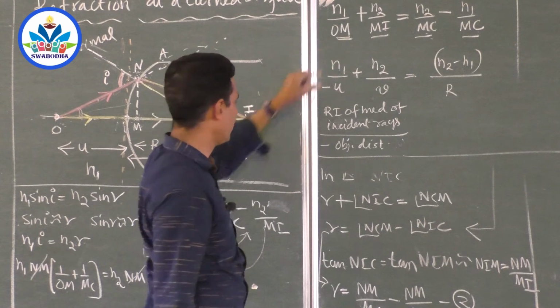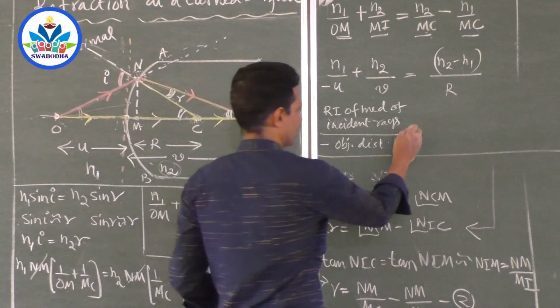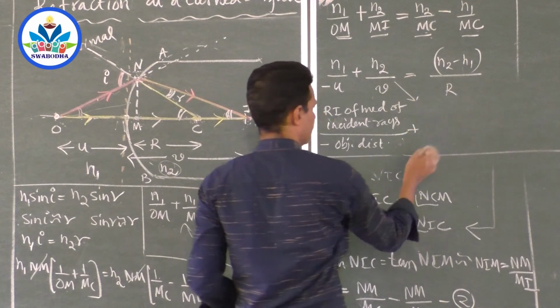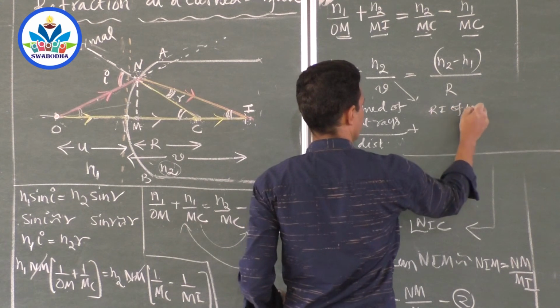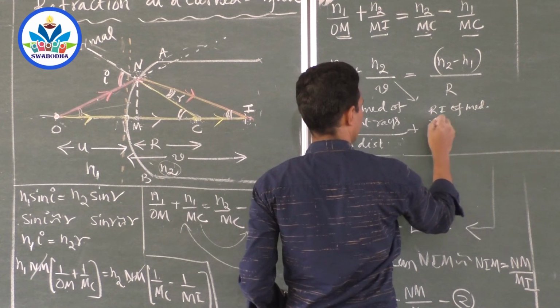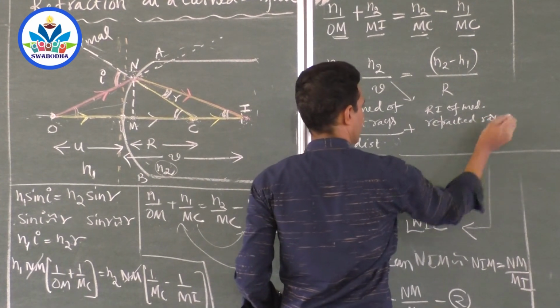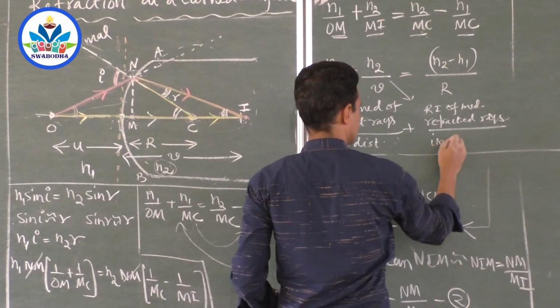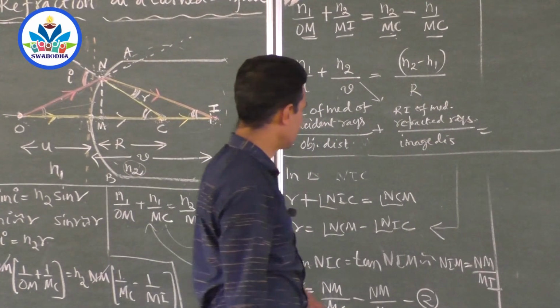Refractive index of the medium where incident rays are present, divided by negative of object distance, plus refractive index of the medium where refracted rays are present, divided by image distance is equal to, what is the other side?